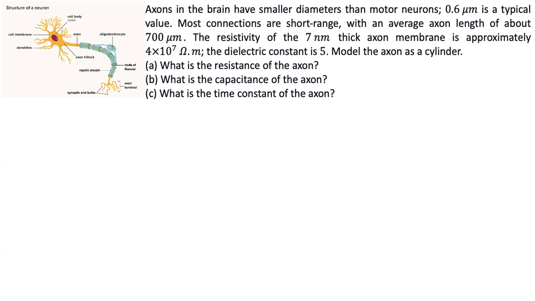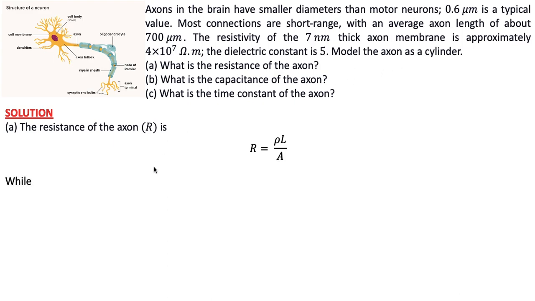Solution. Using the resistance equation, the resistance of the axon R is the resistivity times the length over the cross-sectional area, while we model the axon as a cylinder, so the cross-sectional area is one-fourth pi D squared.